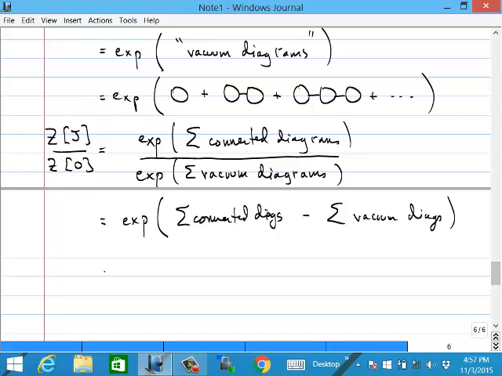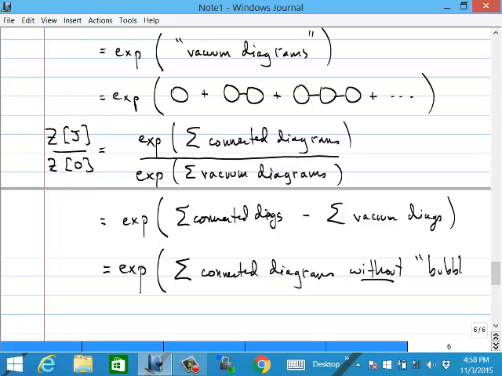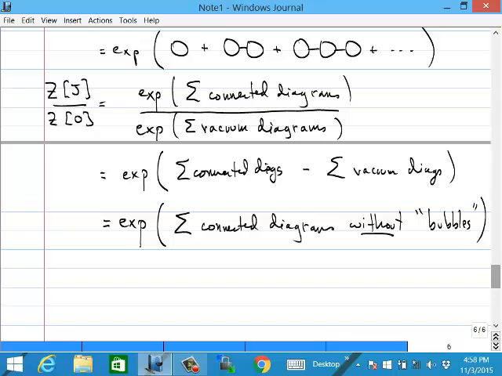So the partition function that we care about for the computation of correlation functions is the exponential of the sum of all connected diagrams without any of the vacuum diagrams, or usually people say without any bubbles, that is to say without any vacuum diagrams.